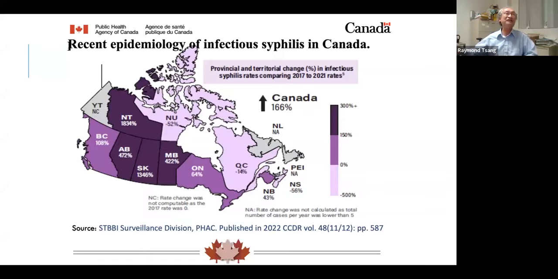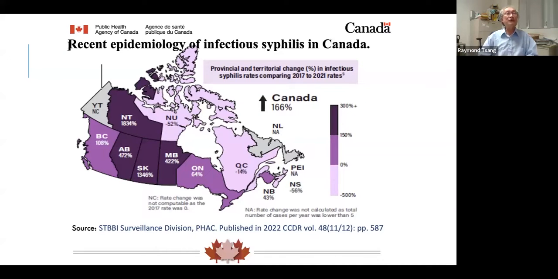So I'm going to use the next few slides to describe the recent epidemiology of infectious syphilis in Canada. The data has been beautifully assembled by my colleagues in the STBBI Surveillance Division in Ottawa, and the data were published in the Canadian Communicable Disease Report last year. This slide shows a map of Canada. On the right-hand side, you can see a bar with different intensities of the purple color. The deeper the color, the greater the increase in infectious syphilis rates.